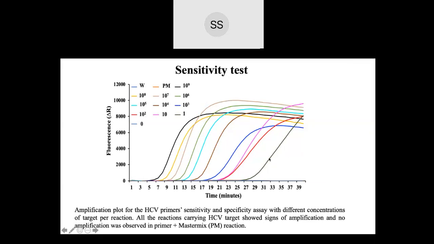At the same time, no primer dimer formation is observed, eliminating the odds that the primers will provide a false positive result. At the same time, the reaction carrying 0 HCV target shows no sign of amplification, hence validating the specificity and the sensitivity of the primers.